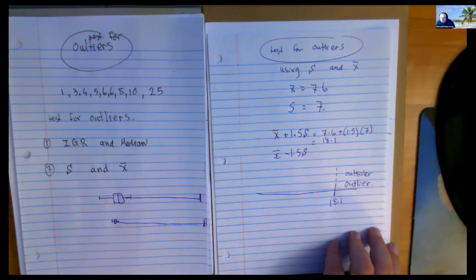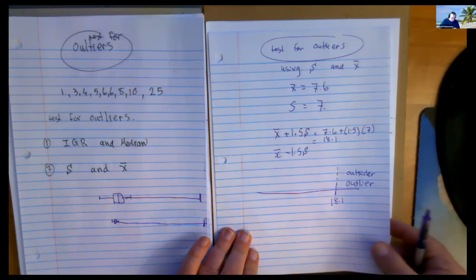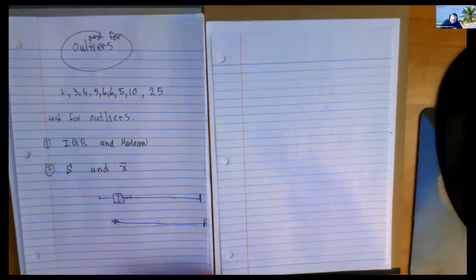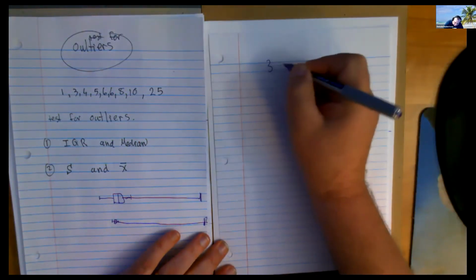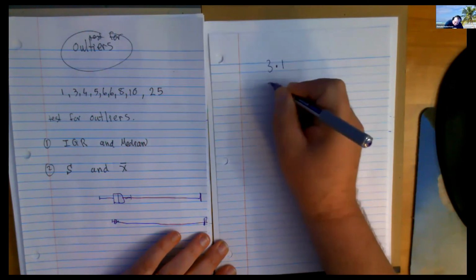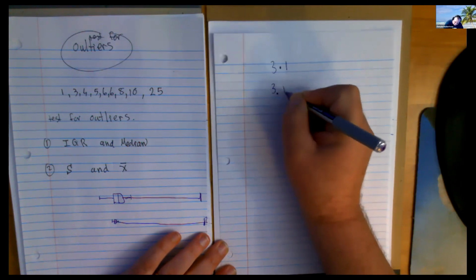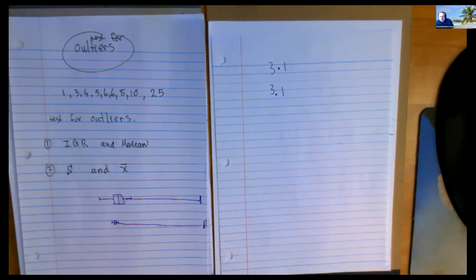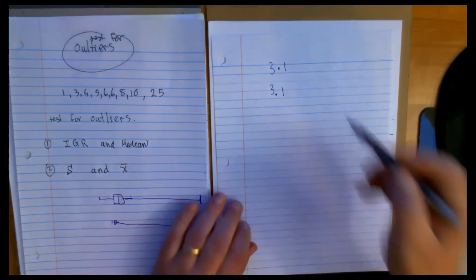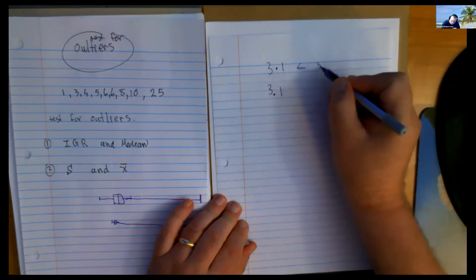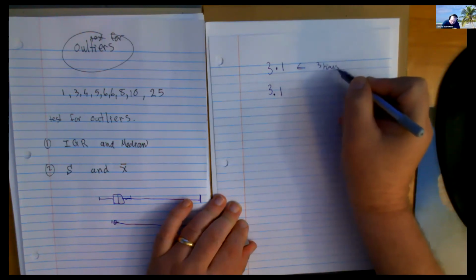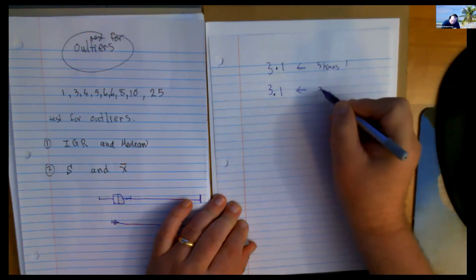I want to share something with you since we're in this part of the world. What have I just written down there? 3 times 1 and 3.1. And would you agree that this is 3 times 1? And this is 3.1.